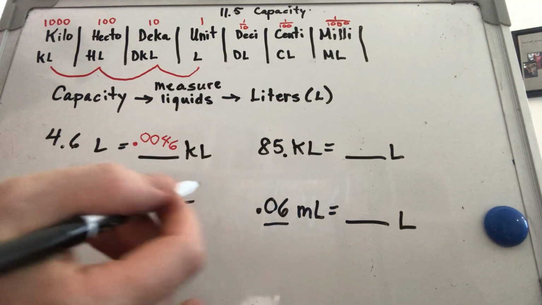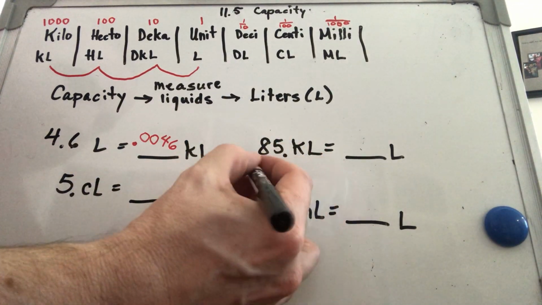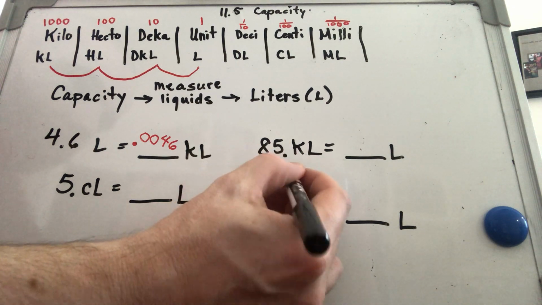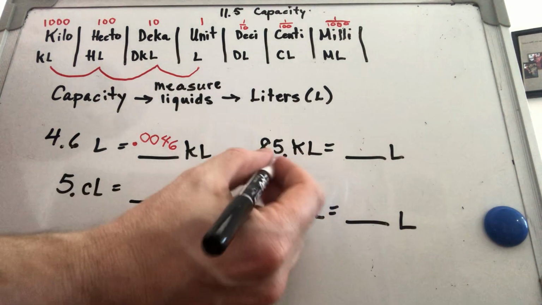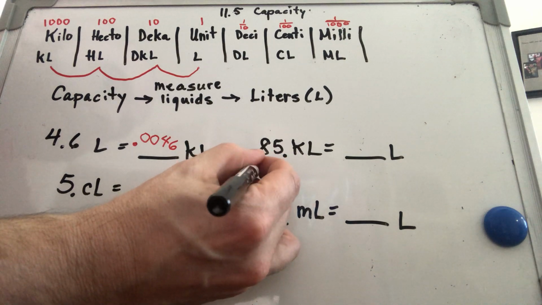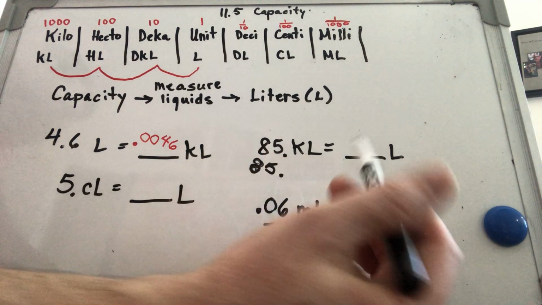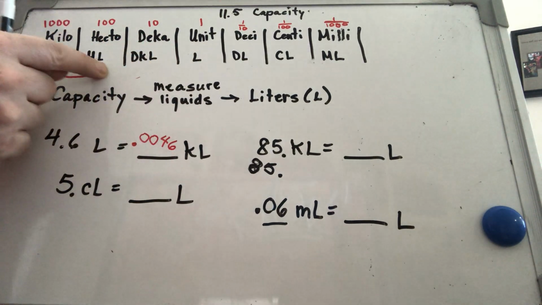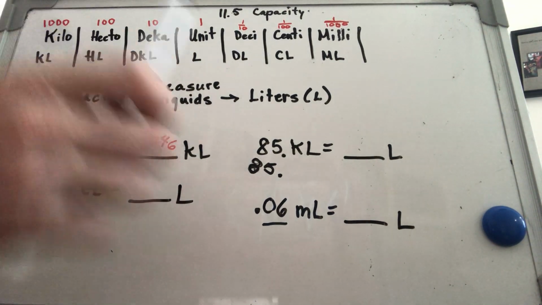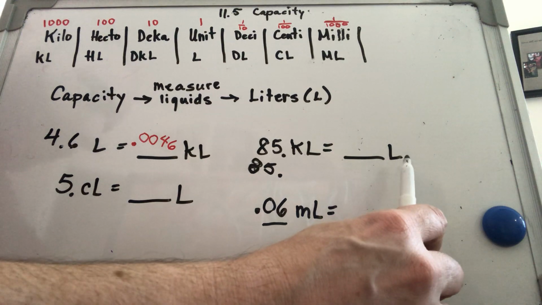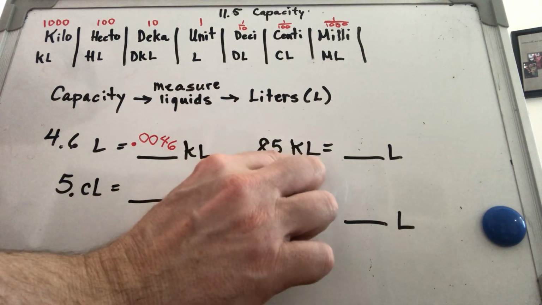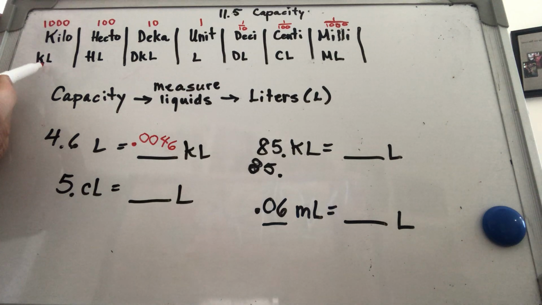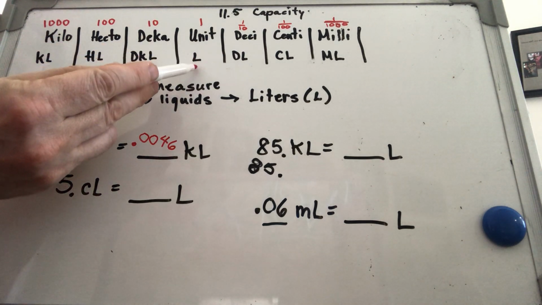Let's look over here. Let's say I had 85 kiloliters. I'm going to write this down below. 85 with the decimal right there. Okay, so I'm going to ask myself, how do I get from kiloliter over to the liter? Well, let me find kiloliter first. It's right here. And I have to get all the way over to here, to the liter.